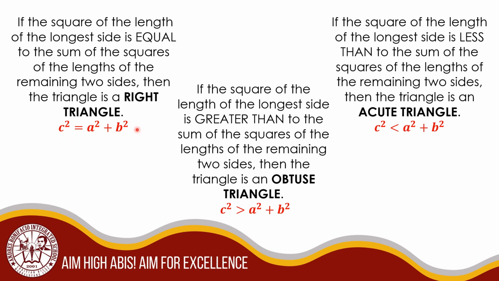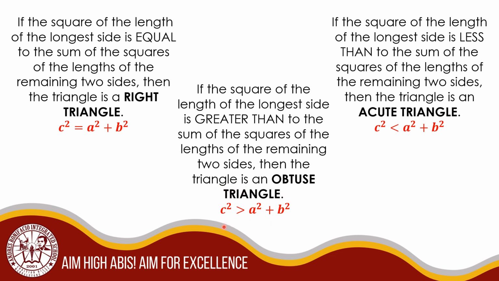So malalaman mo kapag ang triangle is right, ang square ng kanyang hypotenuse is equal to the sum of the 2 sides. If the square of the length of the longest side is greater than the sum of the squares of the lengths of the remaining 2 sides, then the triangle is an obtuse triangle.